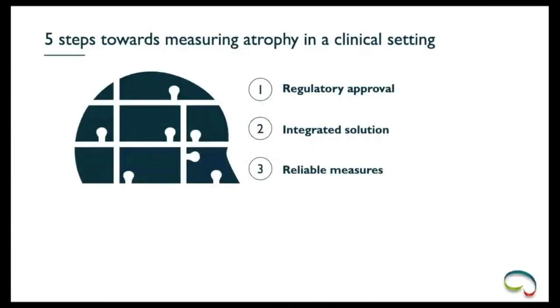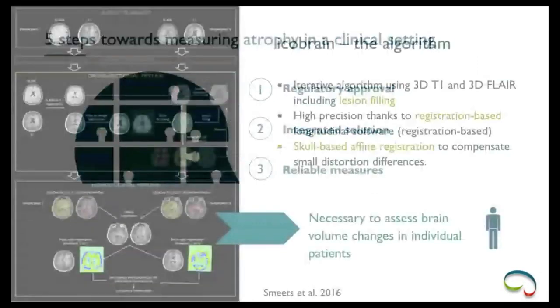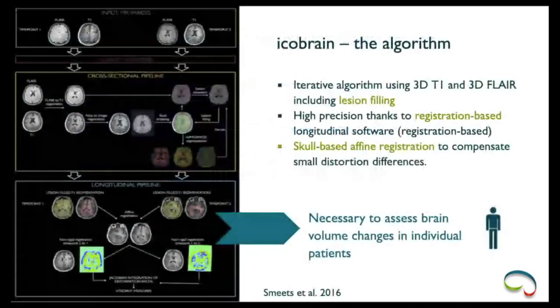The third measure to make sure that we can apply atrophy in a clinical setting is to measure reliably. And for that, we have developed an algorithm that includes lesion filling and is a registration-based approach. Both of the concepts are referred to by Professor Rovira as important.